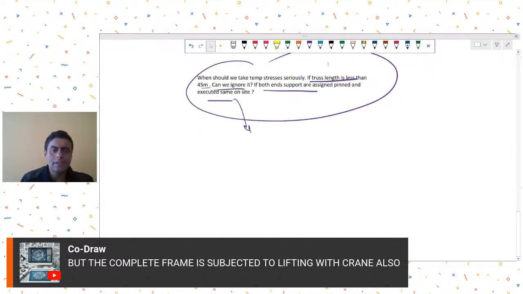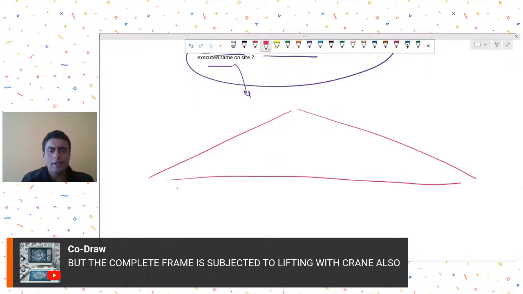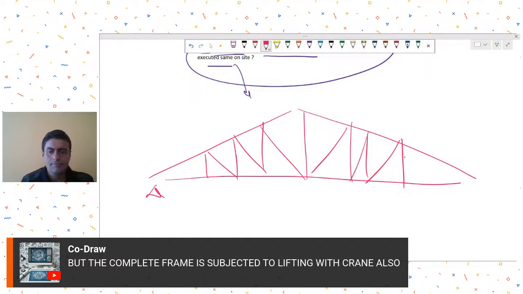See, you must understand that if you have a truss system like this, and if this assembly is, let's say, having some pin roller arrangement, how do we execute a roller arrangement on site?